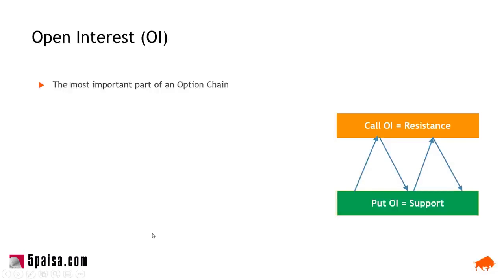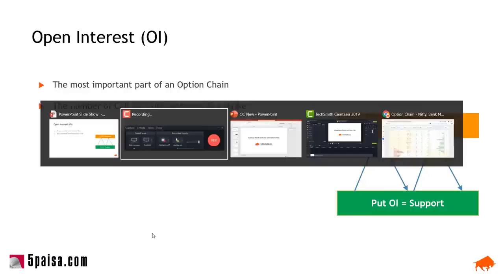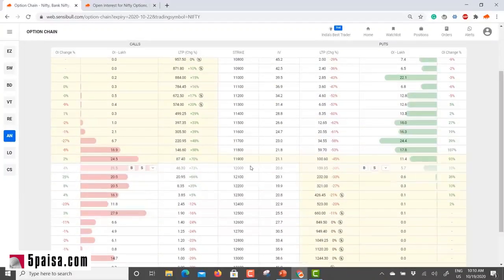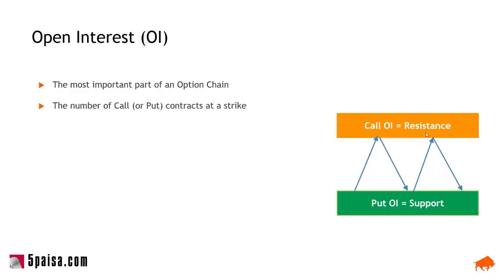So the most important thing in an option chain is open interest, also known as OI. It is the number of call or put contracts at a strike. So to give you an example, if I take this option chain, which is today's live Nifty option chain, a 12,000 strike call has an OI of 31.5 lakh contracts. 11,900 strike call has an OI of 24.5 lakh contracts. 11,700 put has 24.4 lakh contracts, and 11,600 put has an open interest of 16.3 lakh contracts.